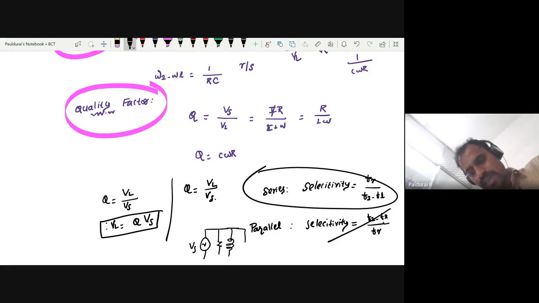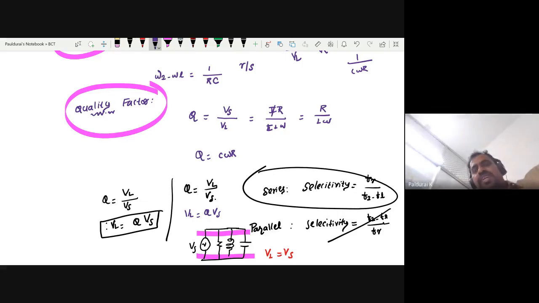What is the voltage drop across the capacitor? In parallel, same, right? Actually VL equals Vs, right? So at that time it is not possible to write VL equal to Q times Vs. That's why I have taken the reciprocal for quality factor alone.